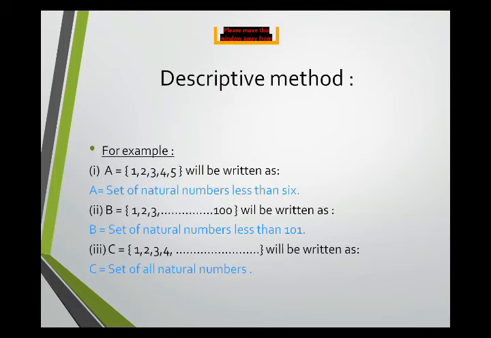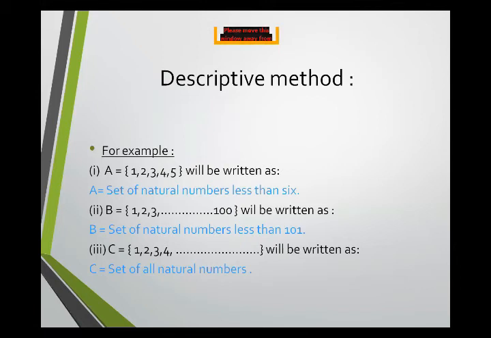Now the third example is C is equal to 1, 2, 3, 4, and there are dots. I again repeat, class, these dots show the counting must go on. We don't know about the end of this counting, but we know that this type of numbers are natural numbers. So we write this set in descriptive form.